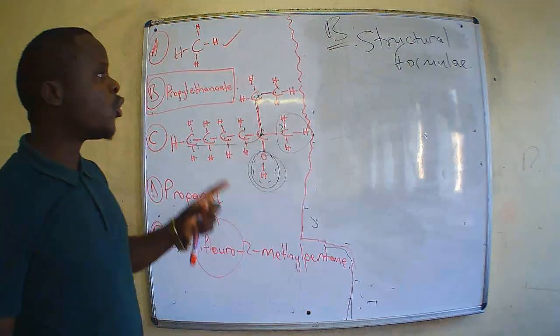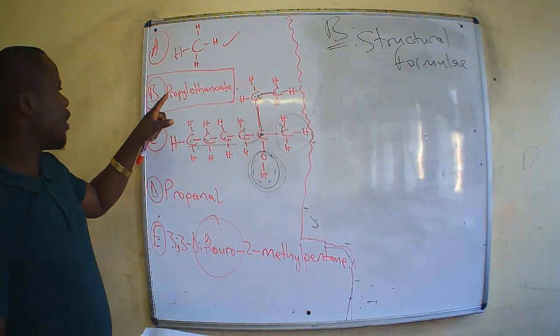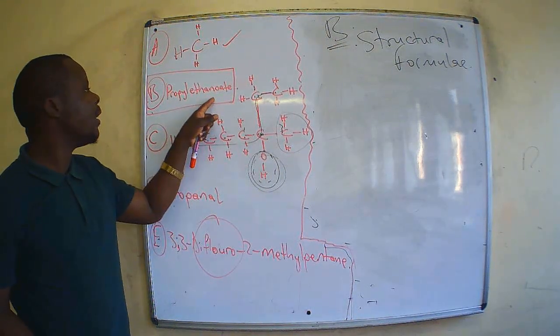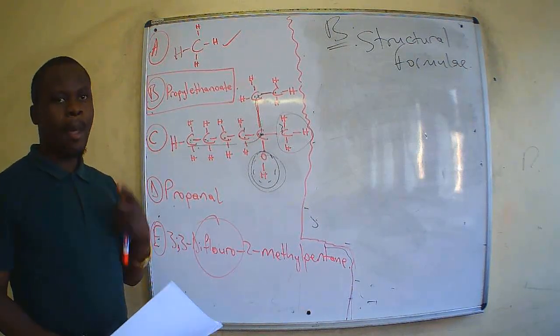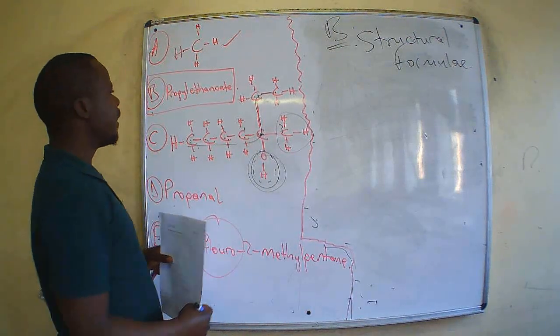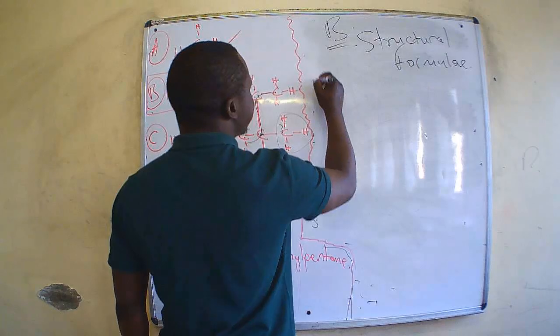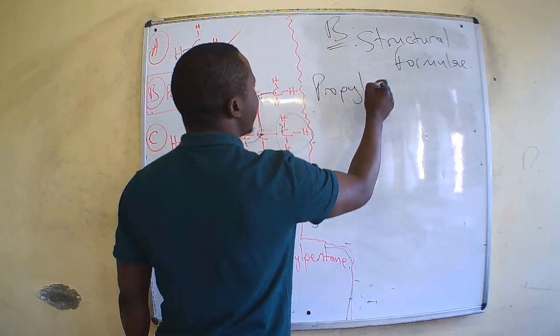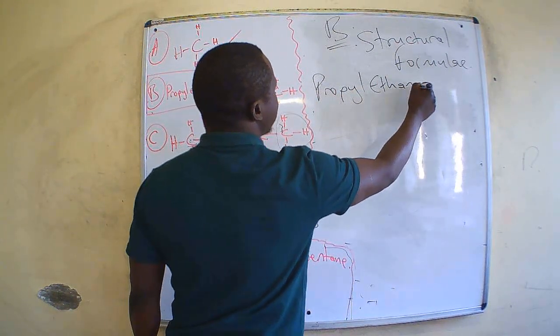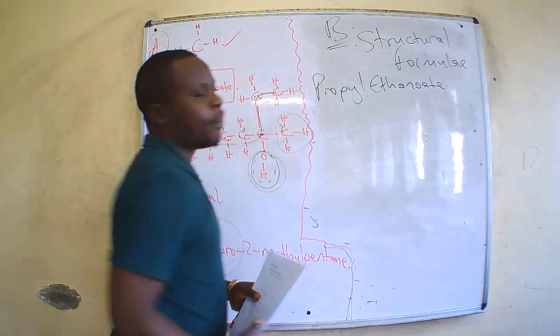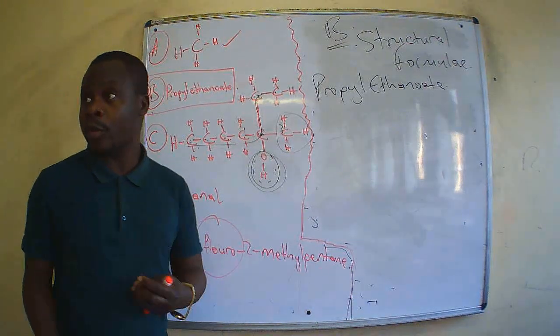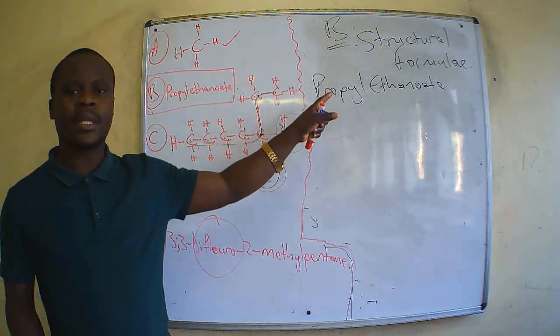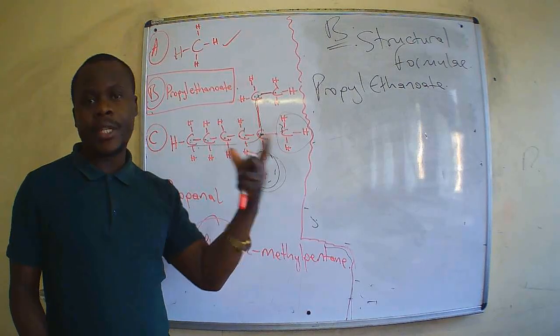We are supposed to draw the structural formula of propyl ethanoate. Propyl ethanoate, as the name suggests, is an ester.